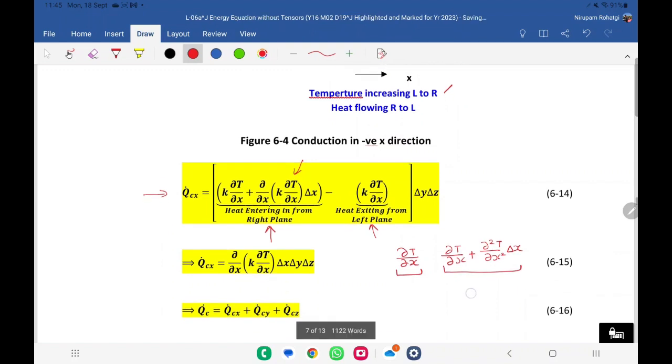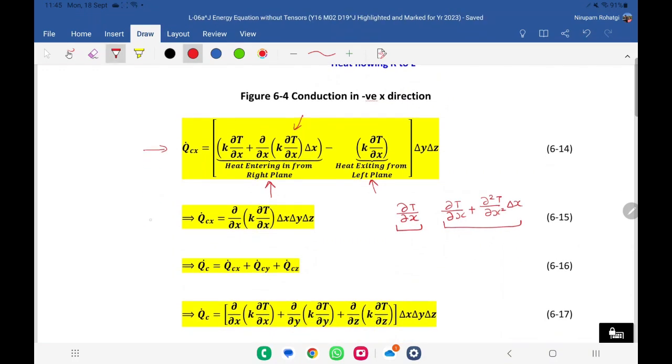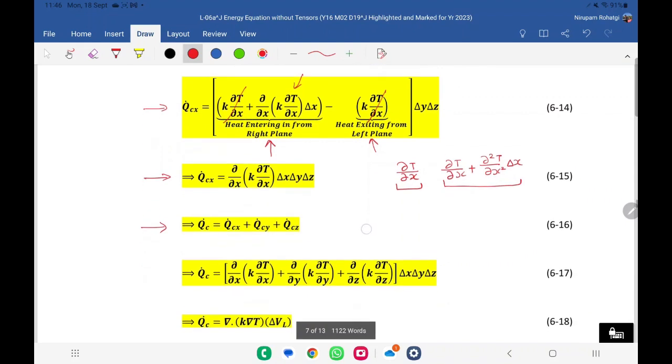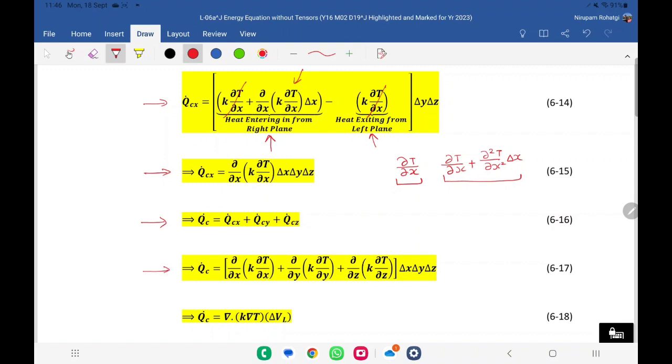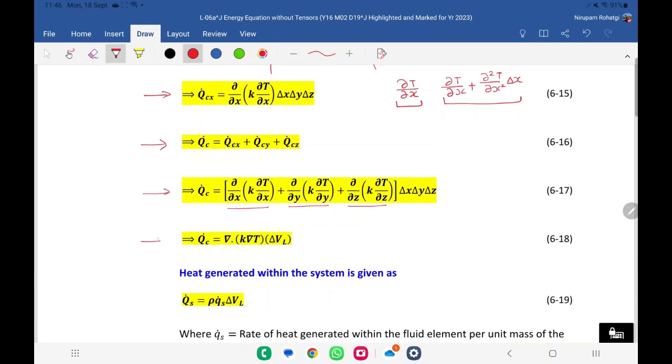Now if you solve this, you get this, because this will cancel out with this. So this is what is left, and then you can add all the planes x, y and z, you get these three. These are the three components of heat flowing into the body from the x, y and z directions. All of them put together can be written like this.